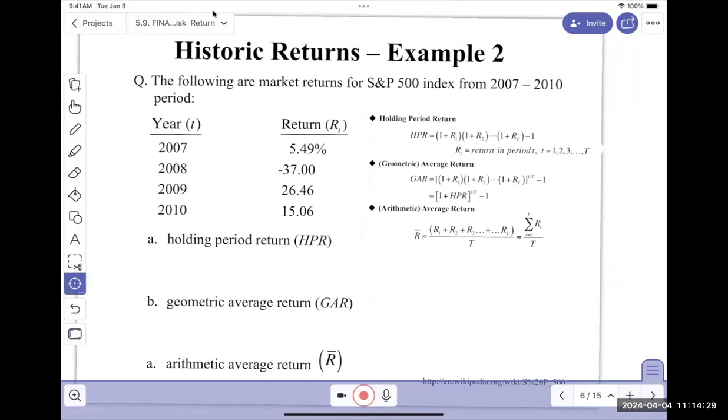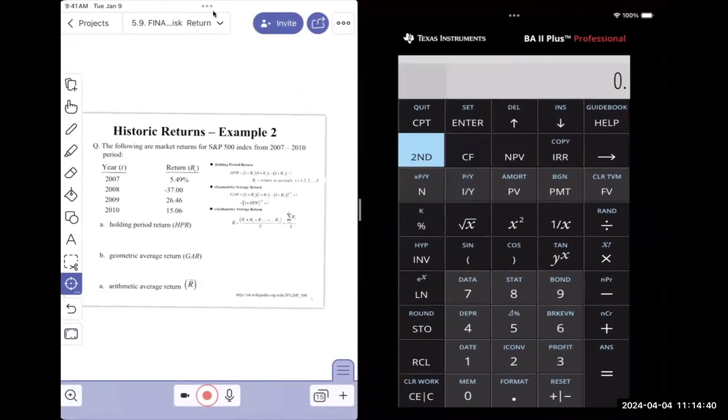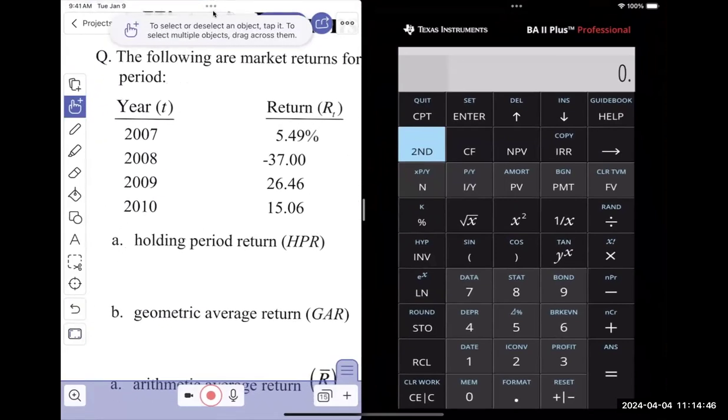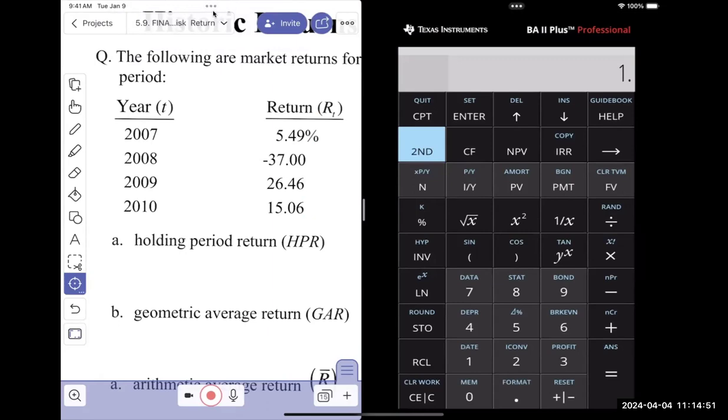So you need to take 1 plus the decimal version of each of these, multiply them, and subtract 1. So I'm going to do it with you. Then what you want to do is put each of these into memory. 1.0549, store in 1. Now the second one is 1 plus negative 37%. So you calculate 1 minus 0.37 and store that in 2.